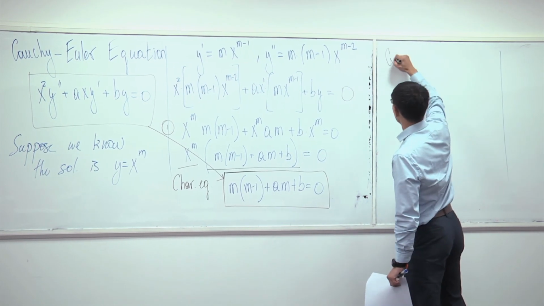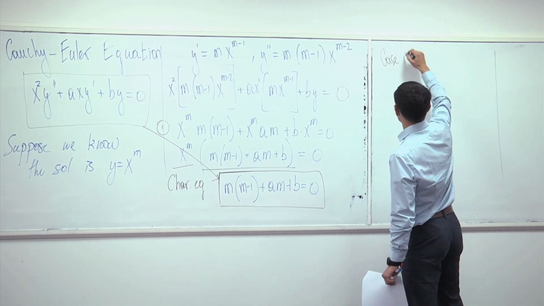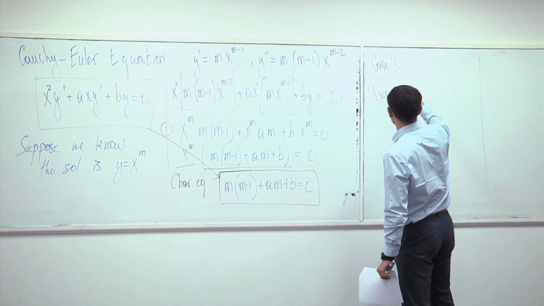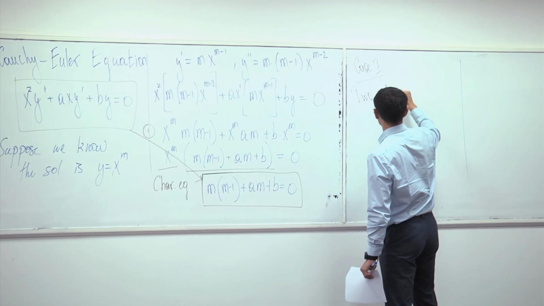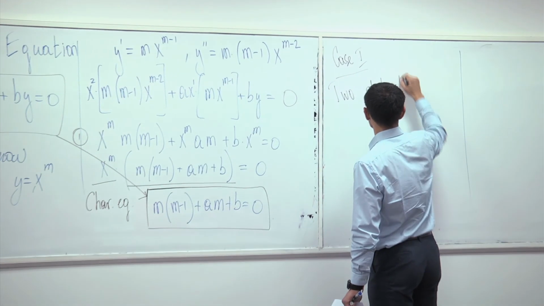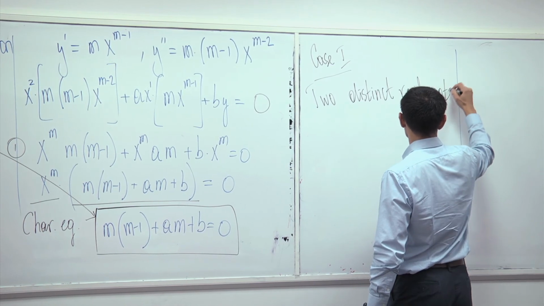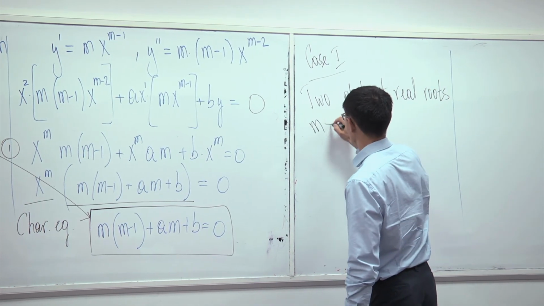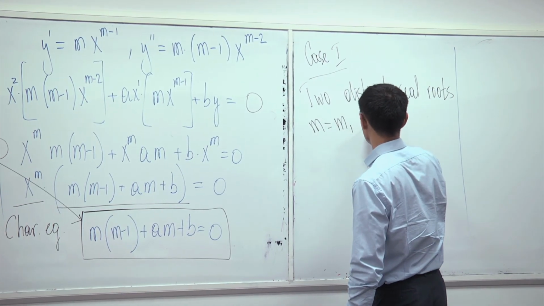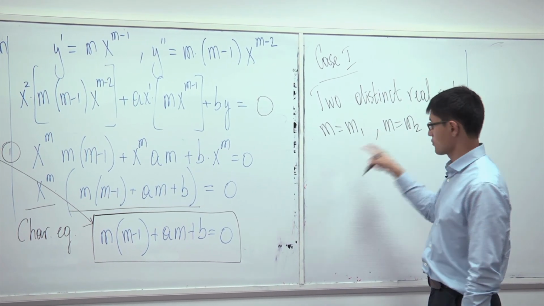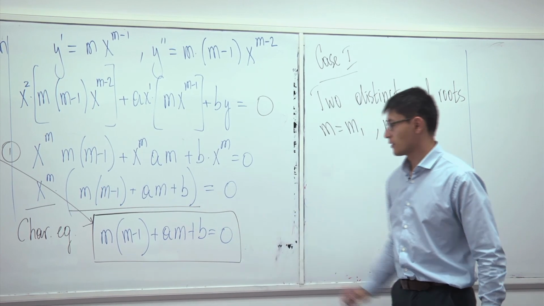So case 1 is when we get 2 distinct real roots. So let's call them m equals m1 and m equals m2. These are 2 solutions of the characteristic equation.